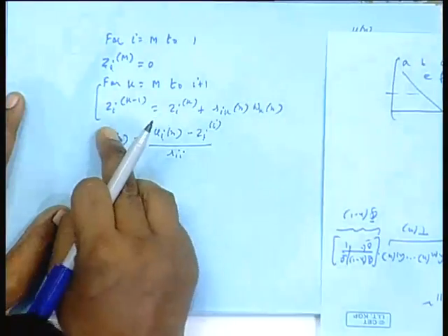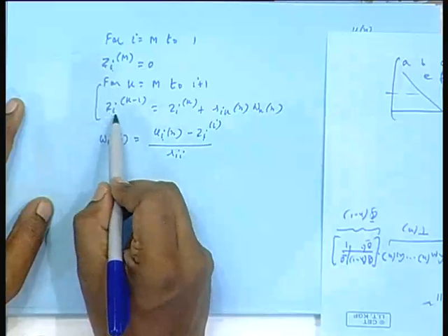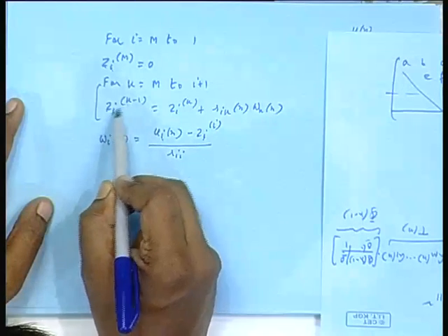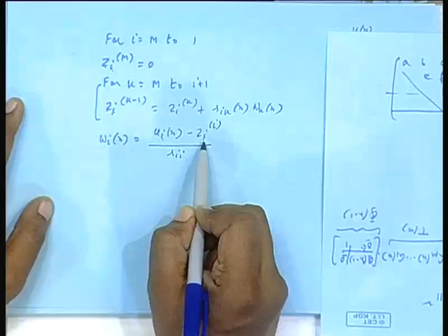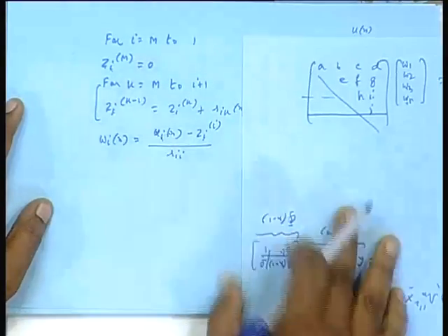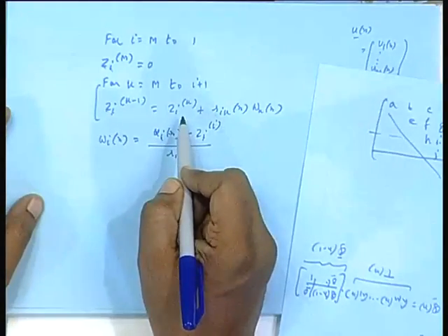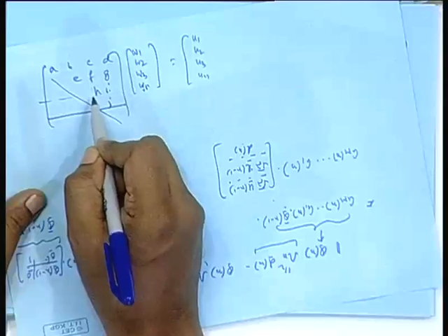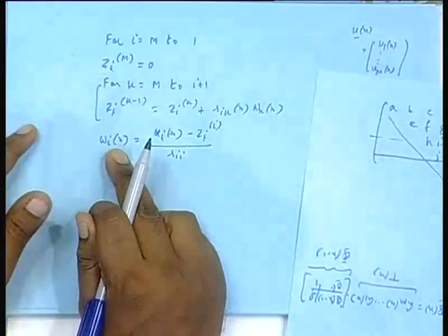This part I am giving a name, Zm minus 1, m minus 1. Both have to be same, then only I will bring back here. And that comes Um minus 1 n, that is the last guy, minus that part, divided by this component Rm minus 1, m minus 1, that will give you this.